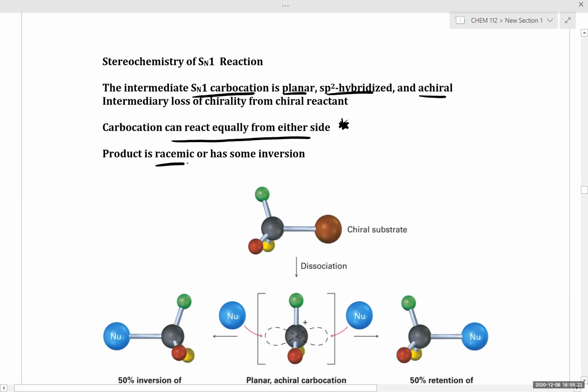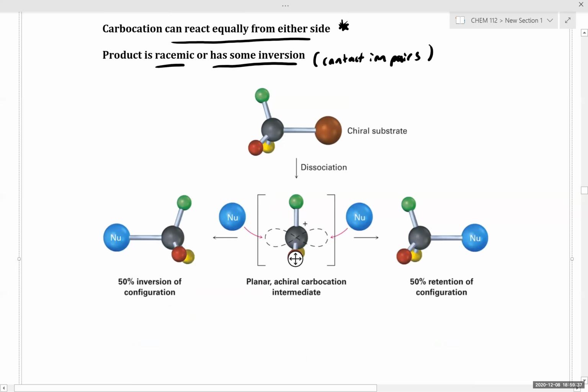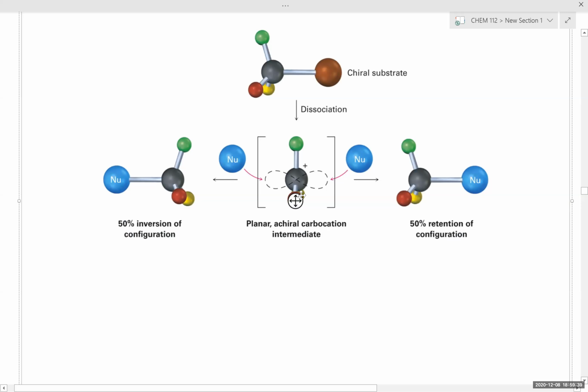And the product is racemic or has a very, very minor amount of inversion. And this is based on this idea of contact ion pairs. Practically, you observe just a racemic mixture because your nucleophile can attack from either face of your carbocation.